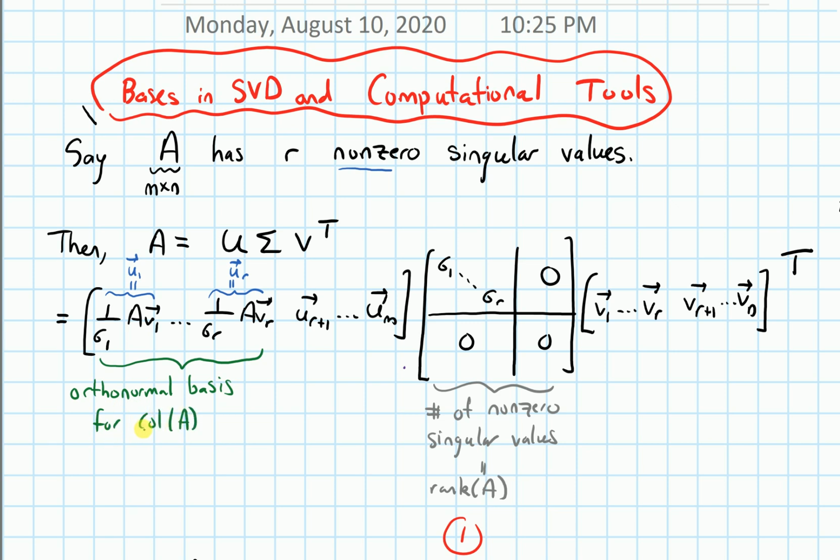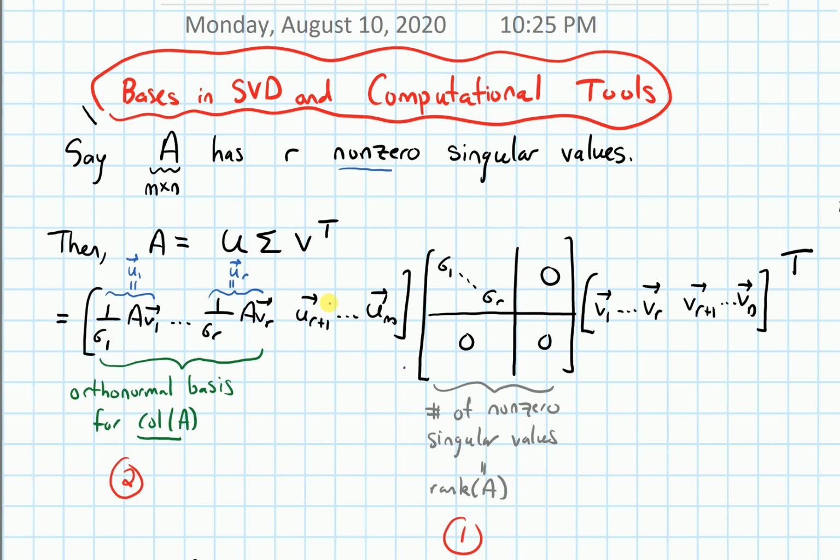Because we showed in a previous video that AV1 up until AVR were an orthogonal basis for the column space of A. And when you multiply them by 1 over the corresponding singular value, that normalizes them, so it becomes an orthonormal basis. This we had seen in a previous video. So this is the second step in my thought process.